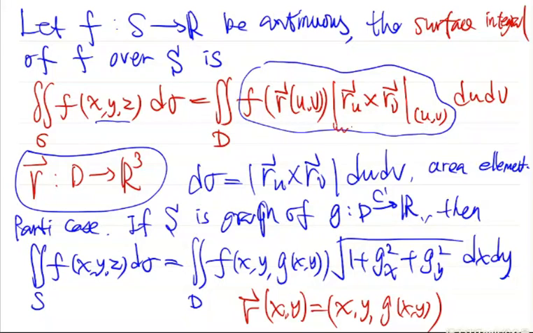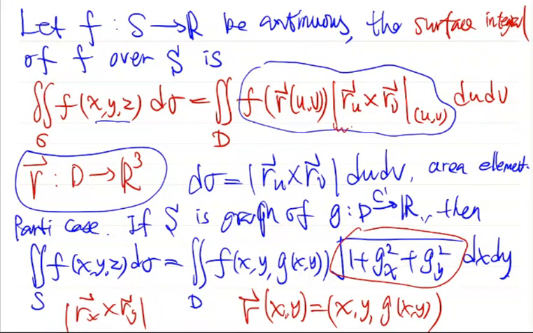For such a parametrization, we have known in our previous example that the norm of the cross product of r_x and r_y is precisely the square root in this formula.